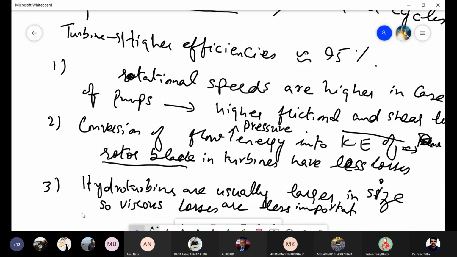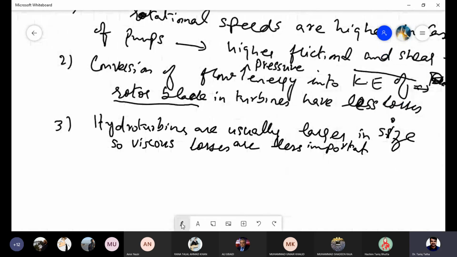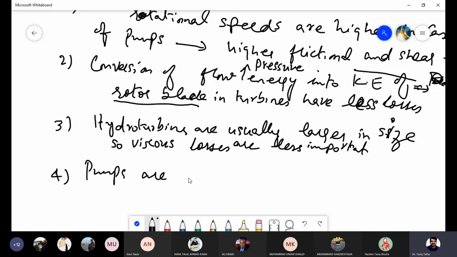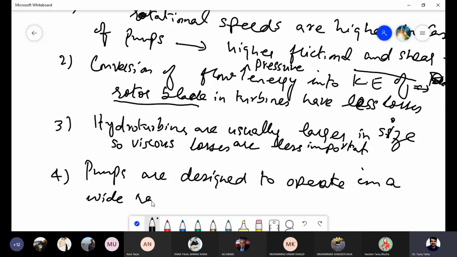Then we have another reason for the higher efficiency of turbines: pumps are usually designed to operate in a wide range of volume flow rate, so they are not very efficient, right?